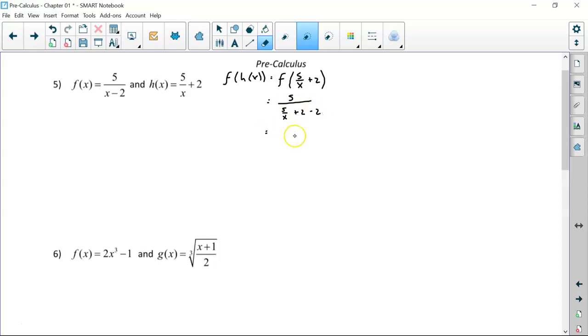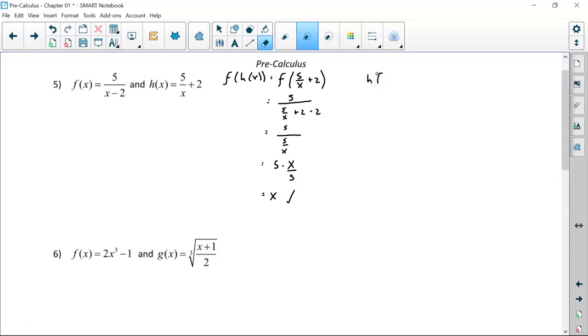Now it looks messy, and it is. But what's nice is that the 2's cancel, so it's 5 over x. We don't divide fractions, we multiply by the reciprocal, so it's 5 times x over 5. The 5's cancel, so we're left with x. There we go. We just verified that they're inverses for that part, and let's go the opposite way.